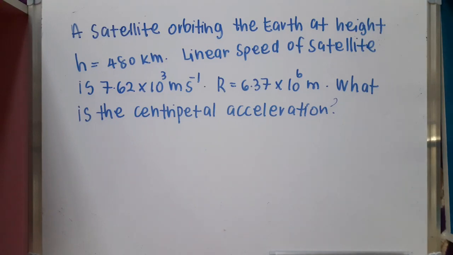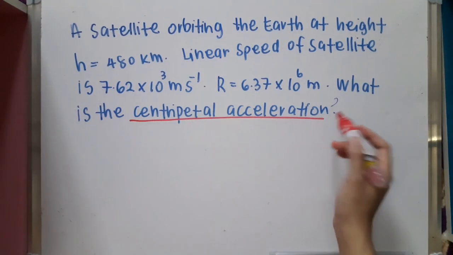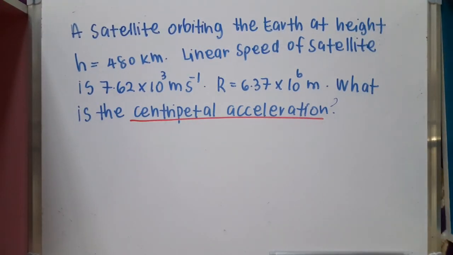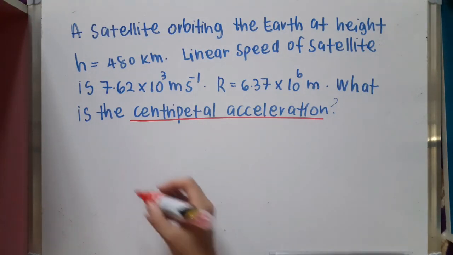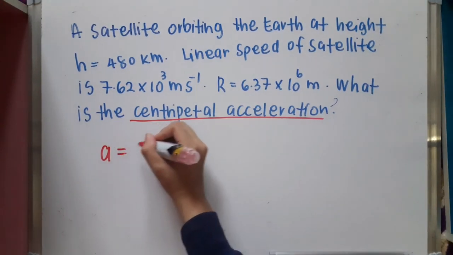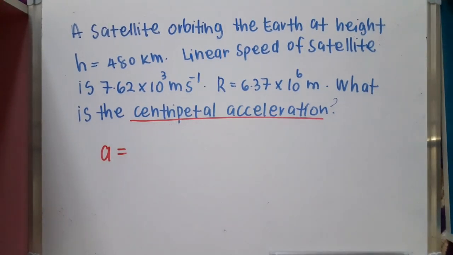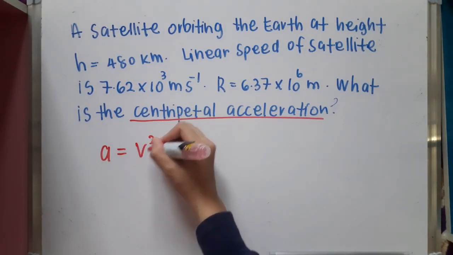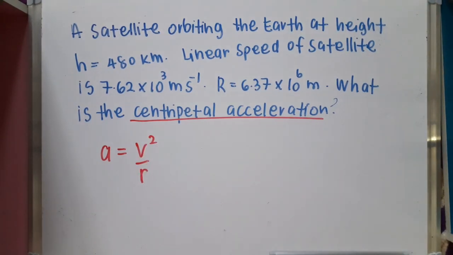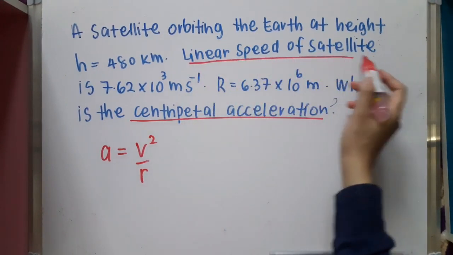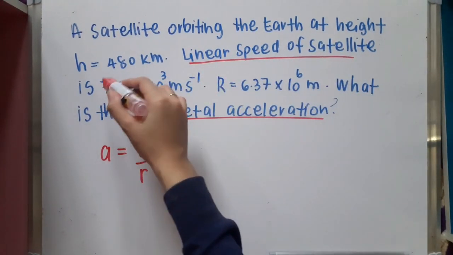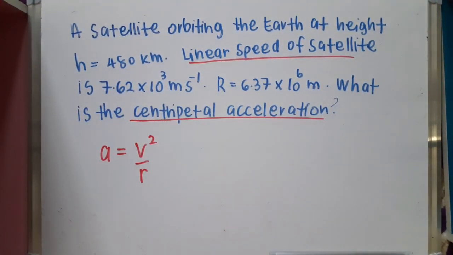So the question asks us to find the centripetal acceleration. So first we need to determine the formula of centripetal acceleration. So the formula is A is equal to V square over R. Okay, so V is the velocity, the linear speed of the satellite, 7.62 times 10 to the power of 3.